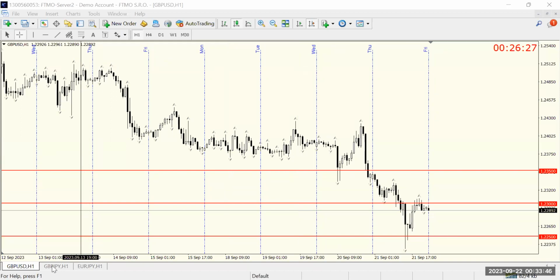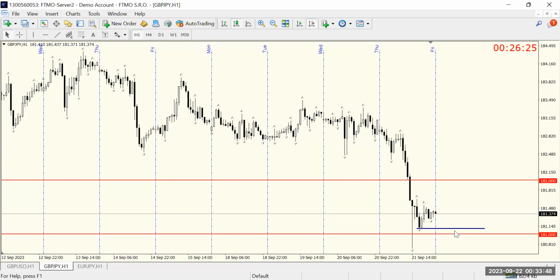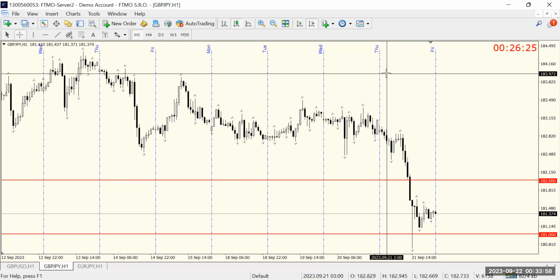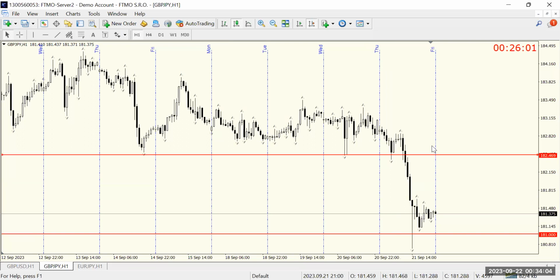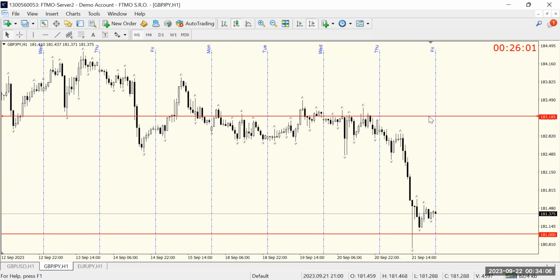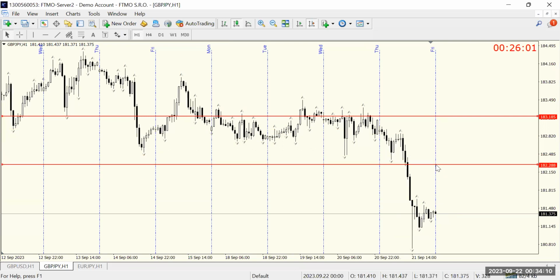Okay. Let me go to Pound Yen. Pound Yen today, what was going on here? This is 7 o'clock, and even without thinking, I'm going to throw in two lines on the chart.